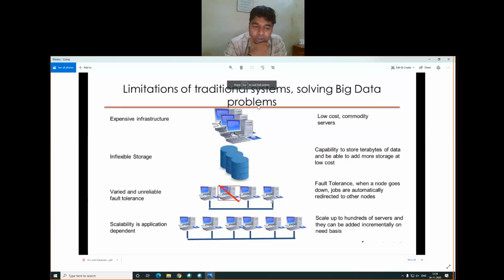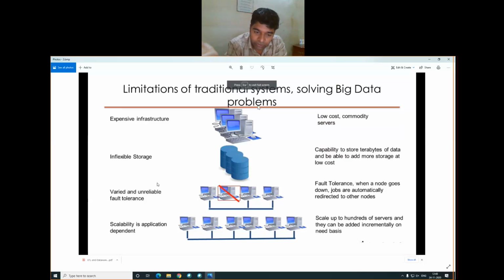From this slide, this is showing the very traditional system while solving big data problems. Because it is very expensive to store data, which is now a very expensive business, we have to use Hadoop to lower our cost of storage. The traditional systems we are using are also not flexible.